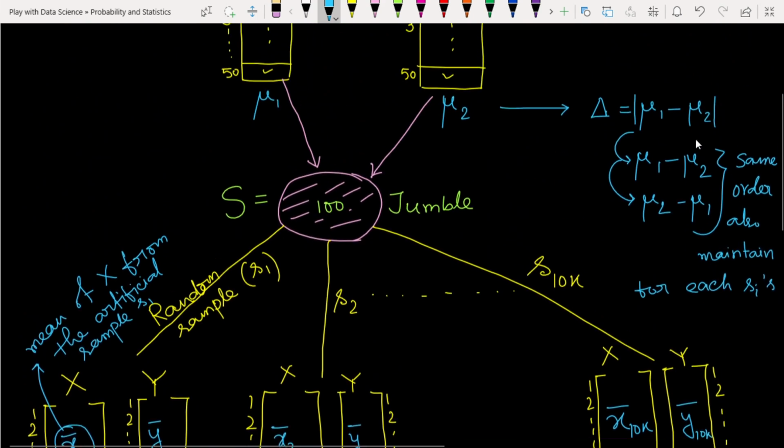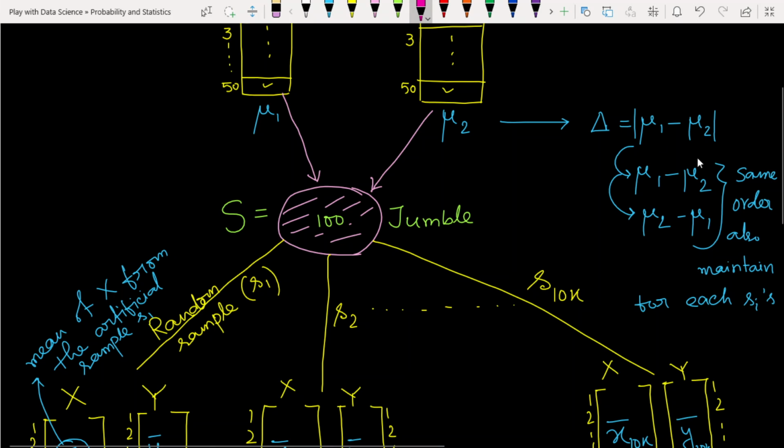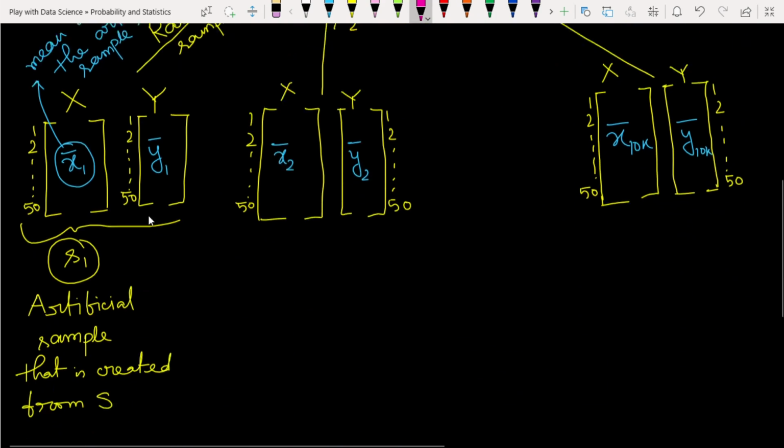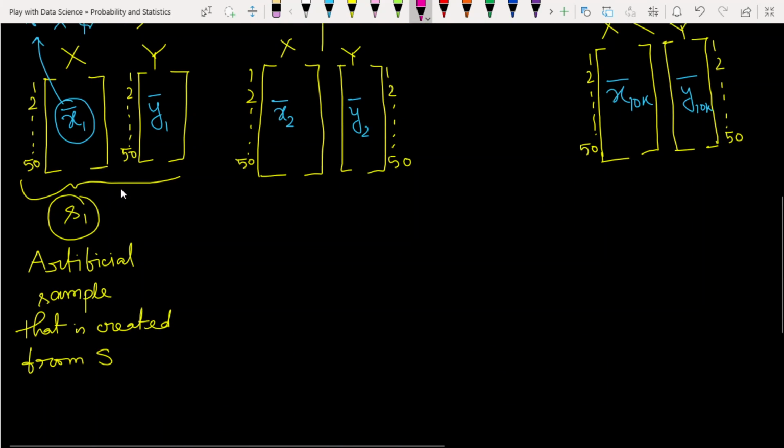Suppose we consider mu1 minus mu2. Then suppose the difference is small delta 1, which will be x1 bar minus y1 bar.